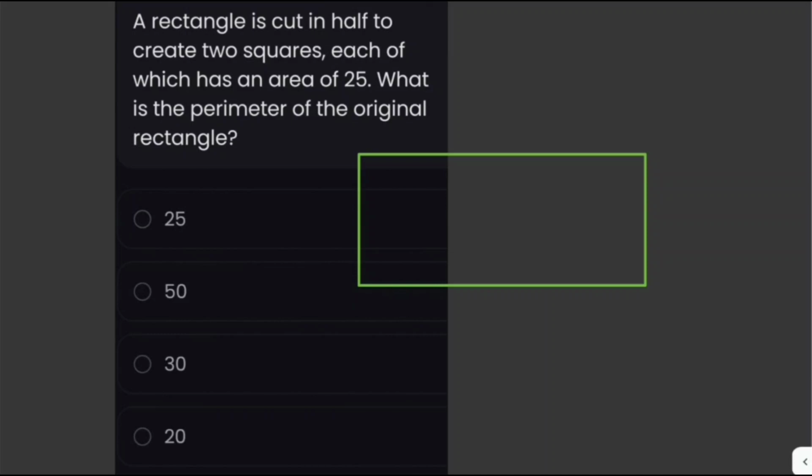Right, and it is divided in half to create 2 squares. And it says here that each square has an area that is equal to 25. Alright, and then we need to solve for the perimeter of the original rectangle.